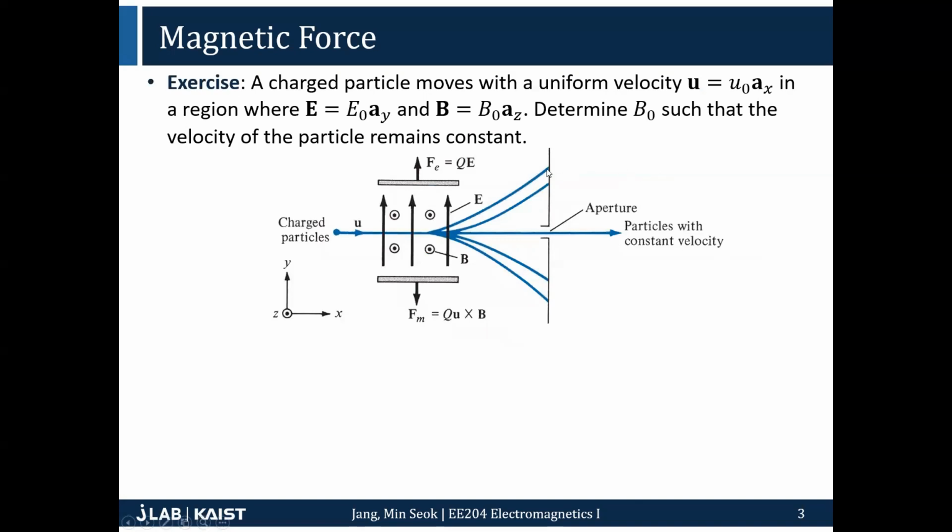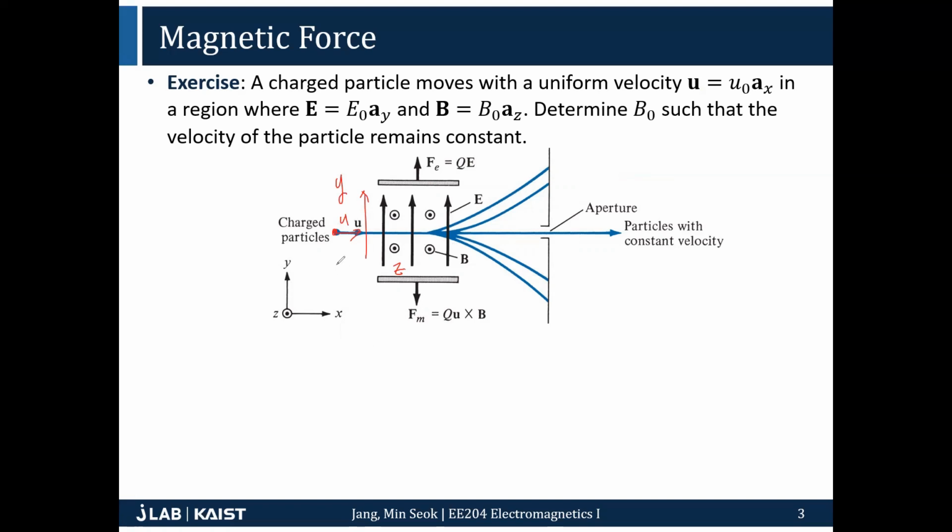And then this is a bit too easy a problem, but this exercise gives you this type of situation. So you have an electric field in the y direction, and then you have a magnetic field in the z direction, and then you shoot a charged particle with a velocity u.